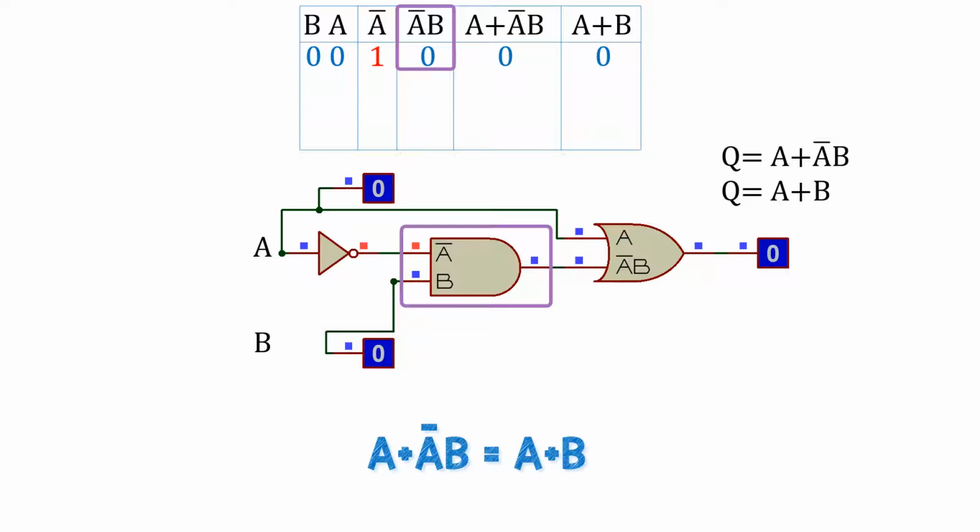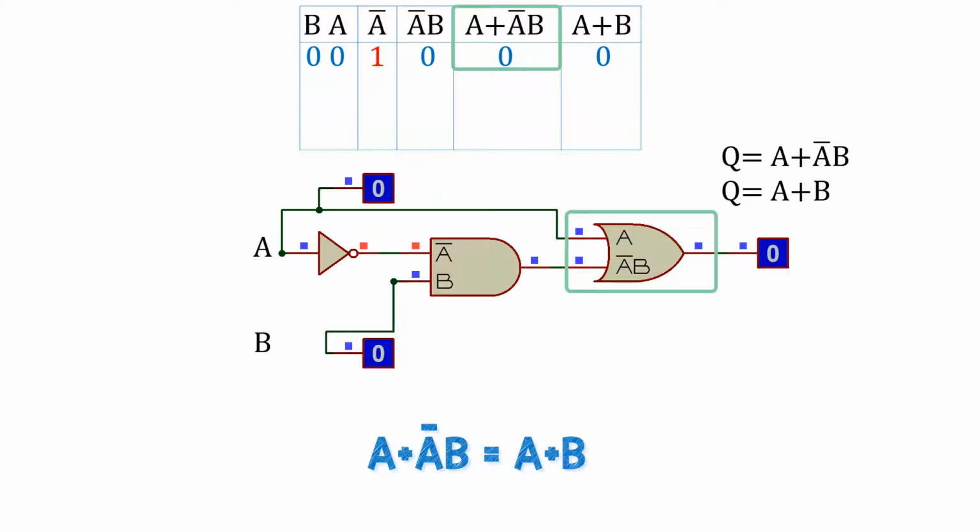So when both inputs are low, not A ANDed with B is low, so the OR gate output is low as well, because the OR gate has no inputs that are high, and it needs one of them to be high for the output to be high.